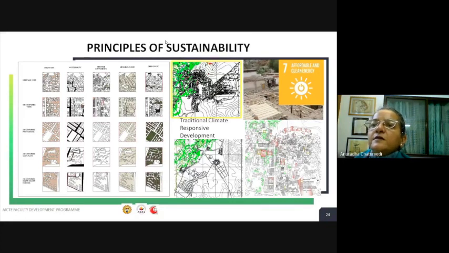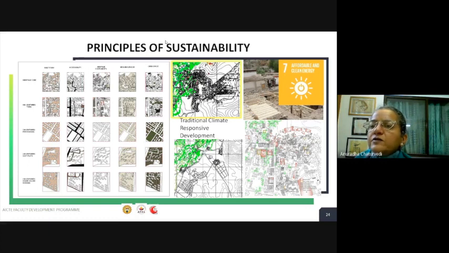When we study the planning morphology or the layout of traditional settlements such as Leh and its historic urban expansion of the 19th century, we are able to identify certain principles relating to the built form, to the neighborhood planning, to accessibility, to the open space systems, and to the various typologies of heritage components that provide lessons on what is suitable for that particular climate.